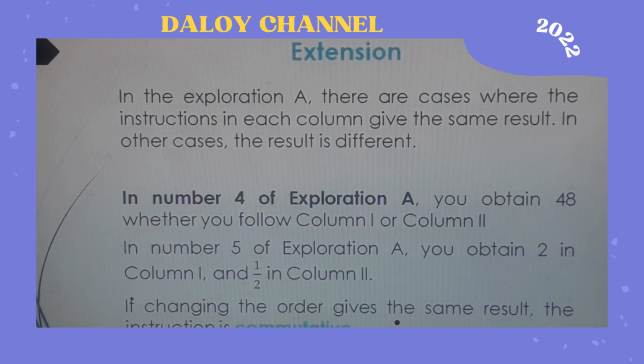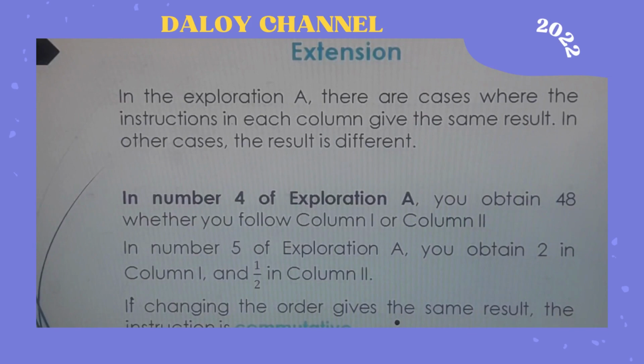In exploration A, there are cases where the instruction in each column gives the same result. In other cases, the result is different. In number 4 of exploration A, you obtain 48 whether you follow column 1 or column 2.